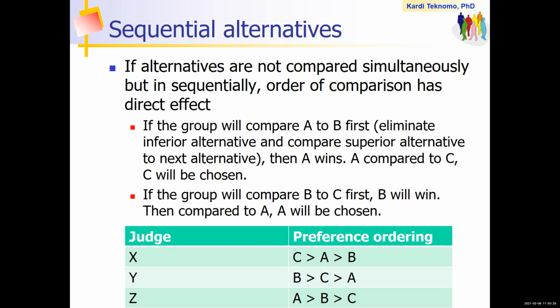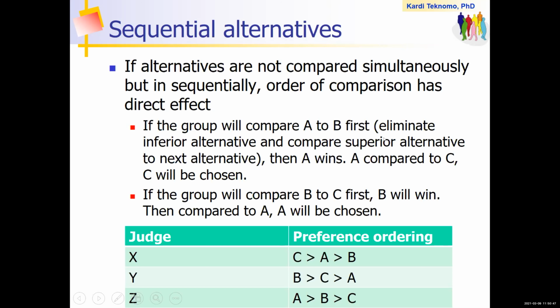So if the group compares B to C first, B will win. And then you compare to A, then A will be chosen.